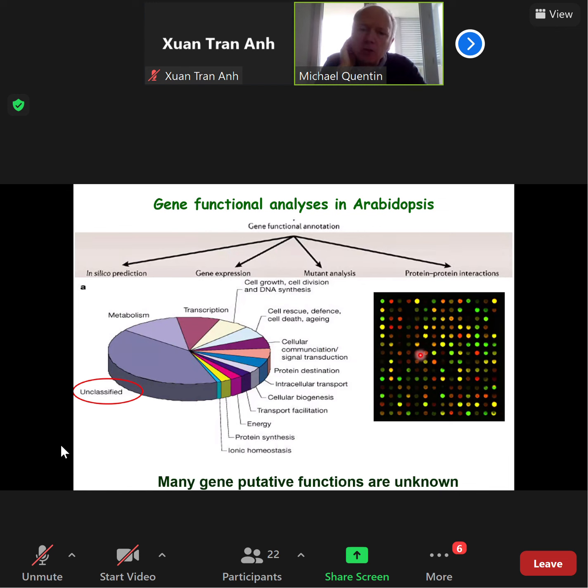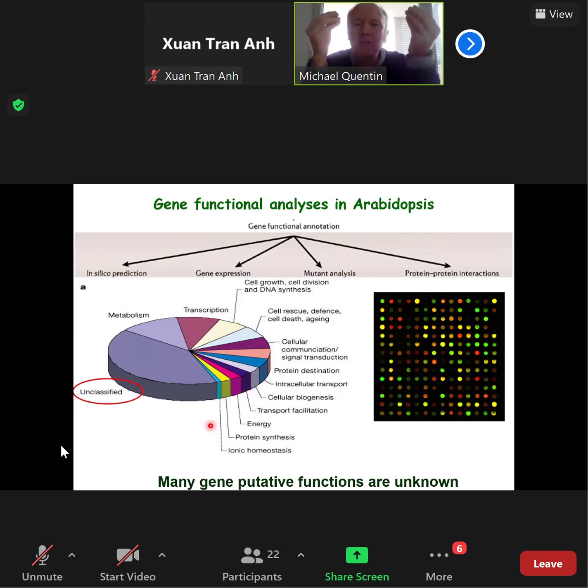This is one important slide. It's something I was speaking about previously: we know the function of a lot of plant genes, but if you consider Arabidopsis thaliana, you see that there are still a lot of genes for which we don't know the function. I told you Arabidopsis thaliana has 25,000 genes, but some crops have more than 40,000 genes, and the proportion of genes for which we have no idea about the function is even bigger.